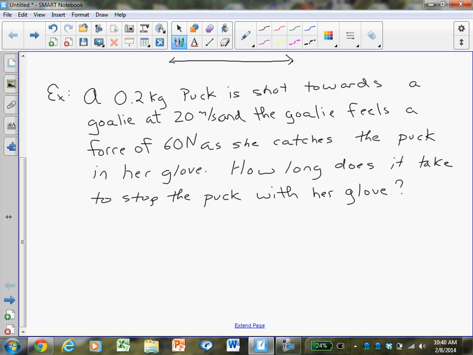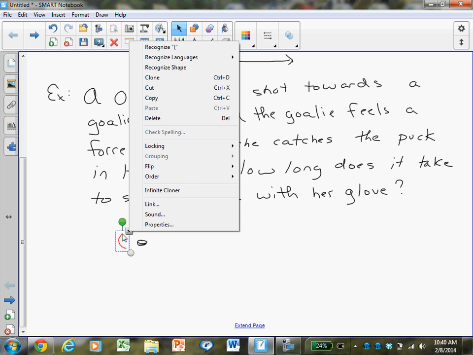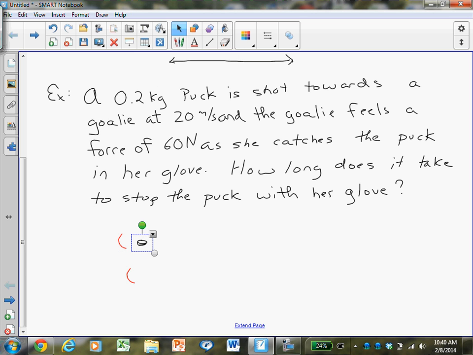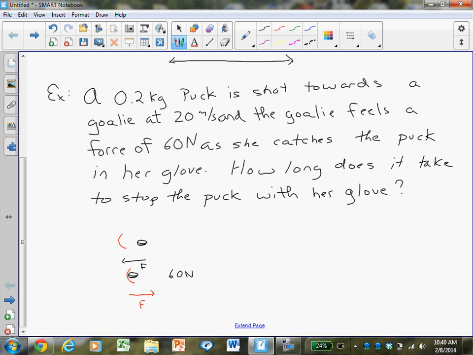So her glove catches the puck when they collide, and as they collide, the glove exerts a force on the puck, and the puck exerts a force on the glove. And we know what this force is. It's 60 newtons, one in one direction, one in the other.